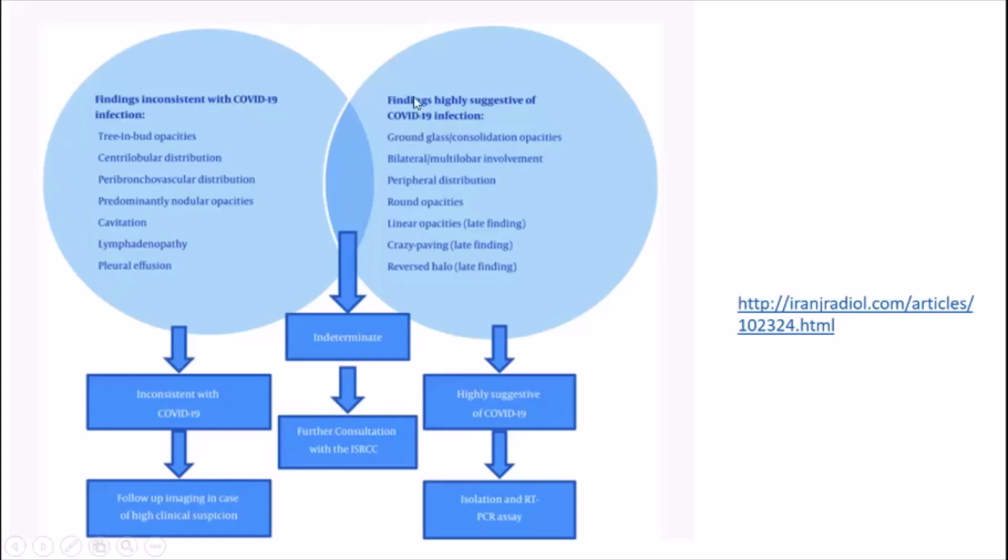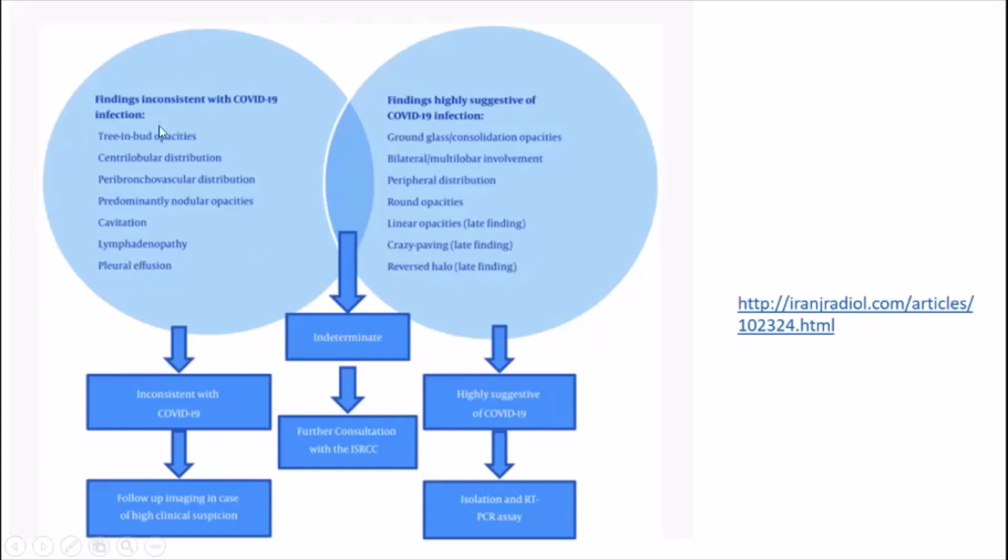And then you have findings highly suggestive of COVID-19 infection, as we mentioned: ground glass and consolidation opacities, bilateral and multilobar involvement, peripheral distribution. I would add subpleural location also, round opacities, linear opacities, which are a late finding, crazy paving, which is a late finding, and then the reversed halo sign, which is a late finding also, as I mentioned earlier.